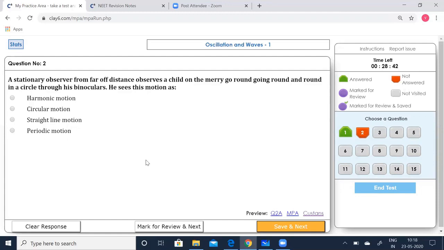Now, you can infer from the question that the observer sees the motion in a horizontal plane, that is, he is viewing from a distance, right? He sees the child going back and forth. So the merry-go-round, even though it seems to be a circular motion, for the observer, it is more like a to and fro motion at a constant speed.